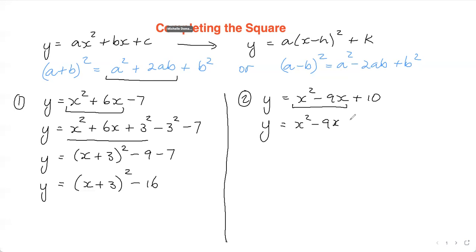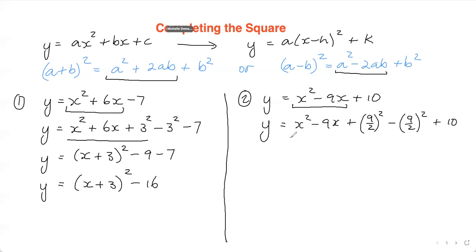I'm just going to leave it as a fraction, so I'm going to leave that as 9 on 2. And I'm going to add (9 on 2) squared so that I complete my square, because at the moment I only had those two terms. Now I'm going to counteract that by subtracting it and then tag my plus 10 on the end.